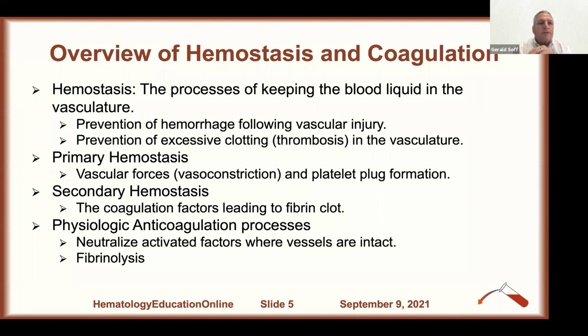When we talk about hemostasis, we view it as primary hemostasis, which is a mixture of vascular forces, vasoconstriction, and platelet plug formation. And then we talk about secondary hemostasis, which is the coagulation factors leading to a fibrin clot. And for everything that turns on in the human body, we have to have things to turn them off. So we'll also talk a little bit about the physiologic anticoagulation processes.